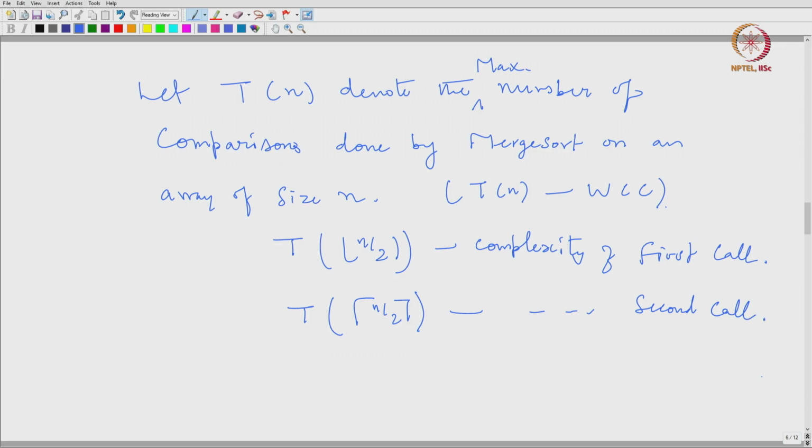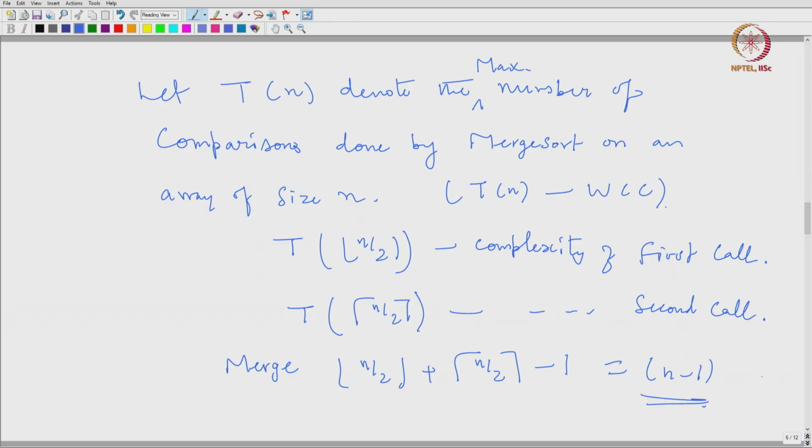Then you are merging two sequences. One is of size floor n by 2, another is of size ceil n by 2. So, the complexity of merge is floor n by 2 plus ceil n by 2 minus 1, that is equal to n minus 1.